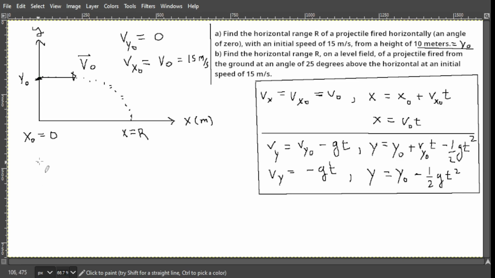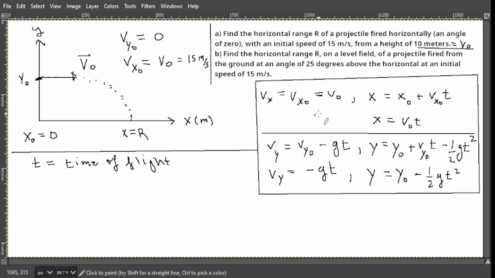Find the range. What I do for most projectile motion problems, after I've done these first two things, is think of time now as the time of flight. I think of t now being the time of flight, that is, the time when the projectile first touches down on the ground, because these equations are valid from the initial time t equals 0 all the way until the projectile smacks down on the ground.